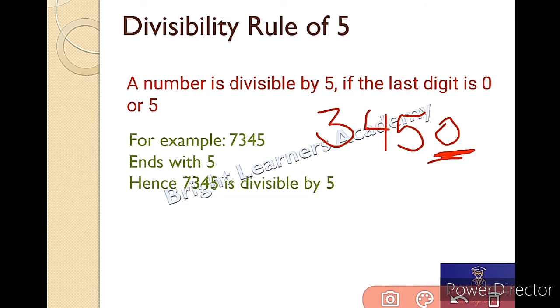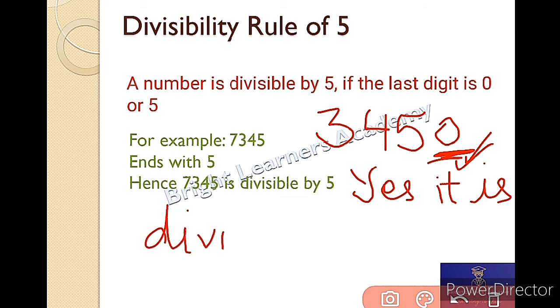The divisibility rule of 5 says if the last digit is 5 or 0, that means the number is divisible by 5. Here it is 0, so yes, it is divisible by 5. So this is also very simple. You have to just focus on the last digit. It's not that difficult.